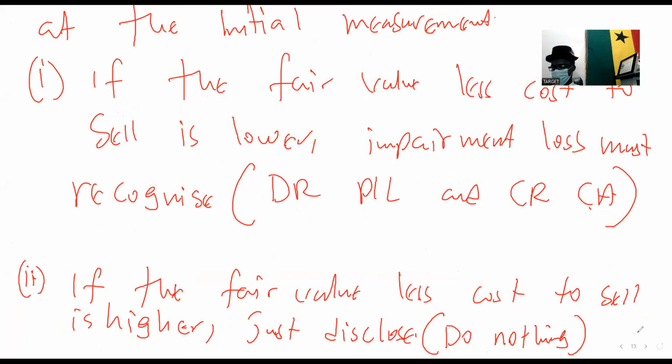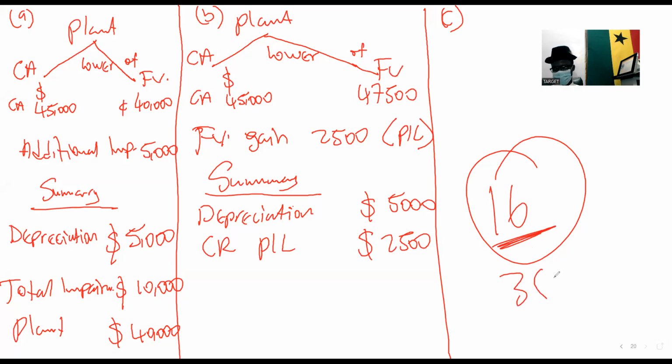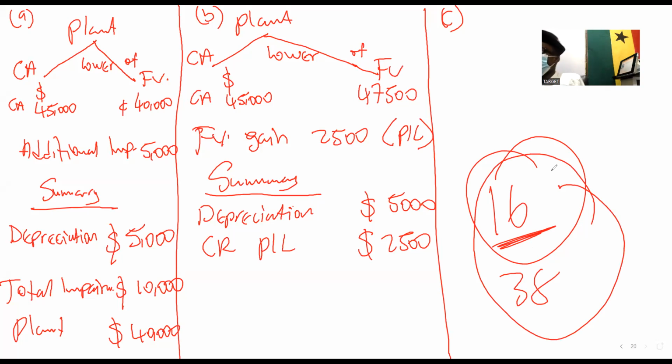So that is it. Please take notice that this gain or loss must be in line with IAS 16. The subsequent gain or loss should be in line with IAS 16 or IAS 38. Whatever IAS 16 says about revaluation gain and revaluation loss, have you seen IAS 16 describe the reversal of a revaluation loss when there's a gain? Likewise, that is what we are treating now.